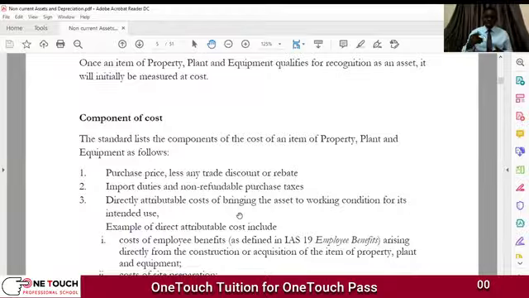What are some examples of directly attributable costs? They include: one, cost of employee benefits as defined in IAS 19 Employee Benefits, arising directly from the construction or acquisition of the item of property, plant, and equipment.